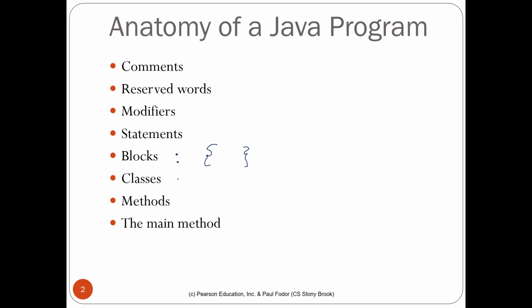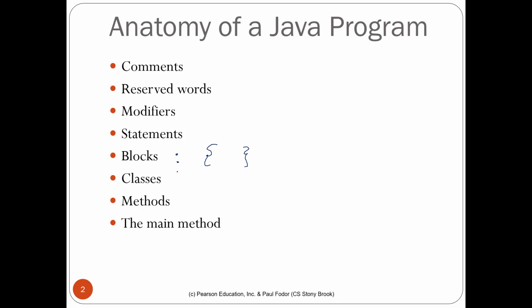And then we have a kind of block that we call a class. We'll learn about classes. In fact, in Java, everything that you write goes in a class. If you remember in the previous lecture, we wrote a very simple program named welcome.